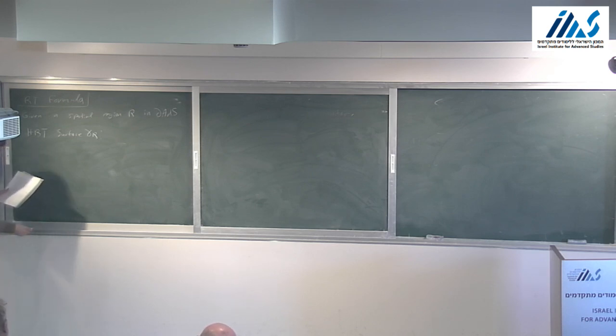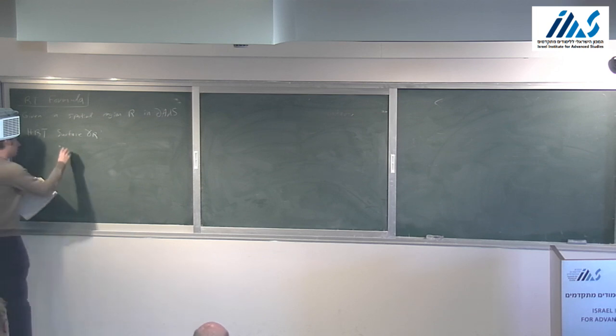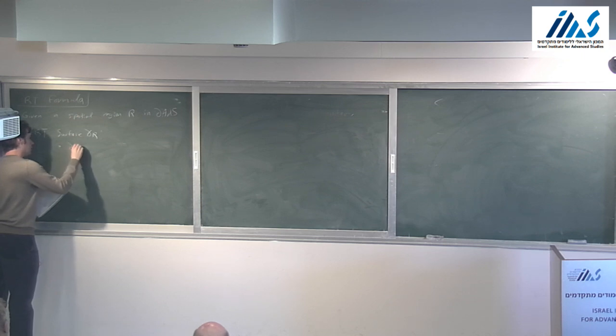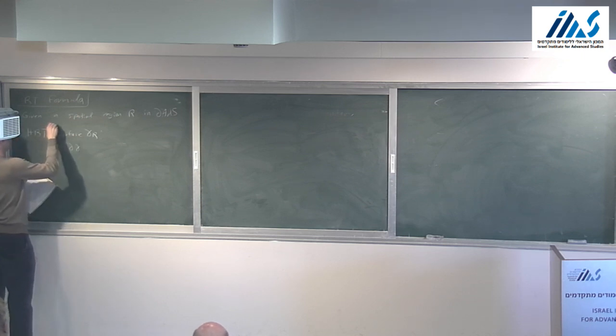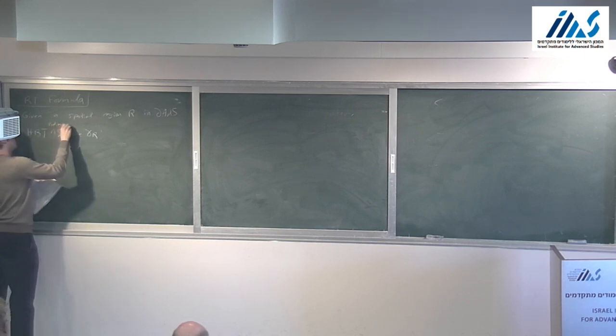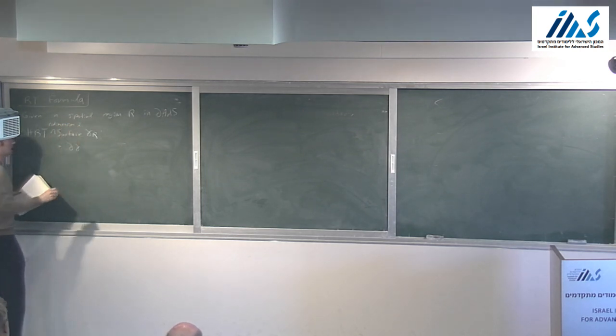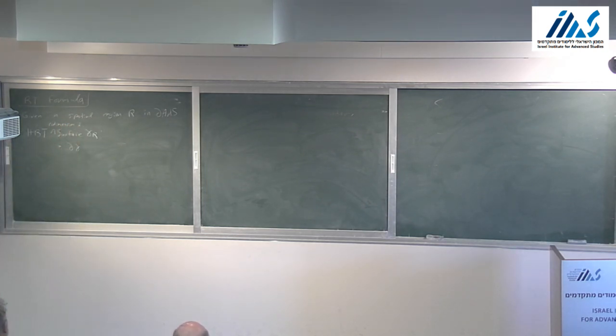It's defined by saying it has to obey some criteria. The first criterion is that it's codimension 2. So in AdS 3 it's a line. In AdS 4 it's a 2-dimensional surface.